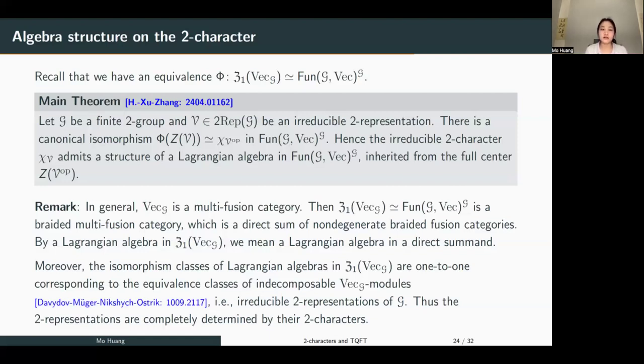Moreover, the isomorphism classes of Lagrangian algebras in the Drinfeld center are in one-to-one correspondence with the equivalence classes of indecomposable Vec_G-modules, that is, irreducible 2-representations of this 2-group G. Thus, the 2-representations are completely determined by their 2-characters.